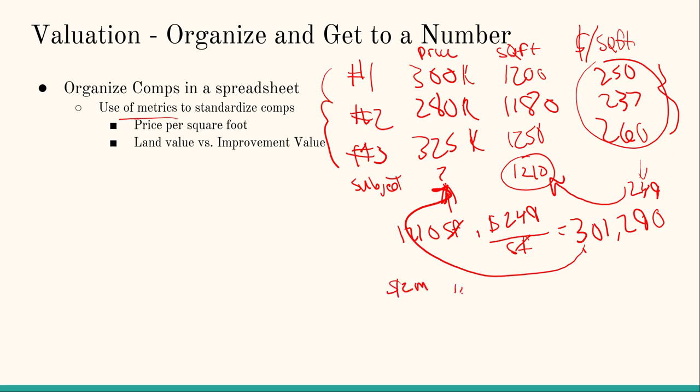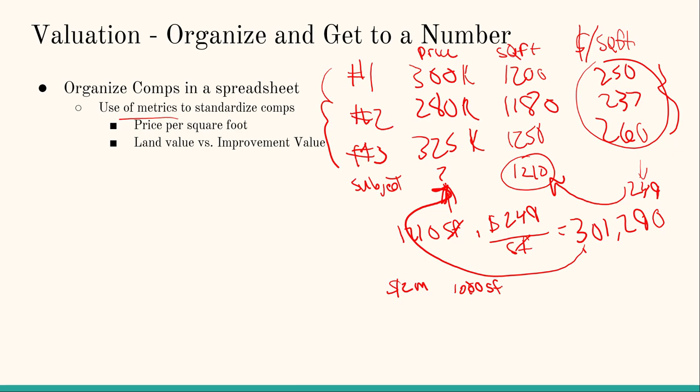The house is 1,000 square feet, and let's say the cost to construct a new house is $300 per square foot. But since this is an old house, we're going to say it's only really worth $150 a square foot. So the land value is one thing.